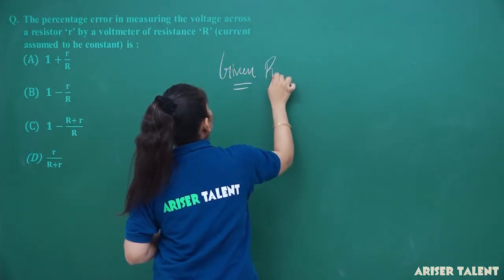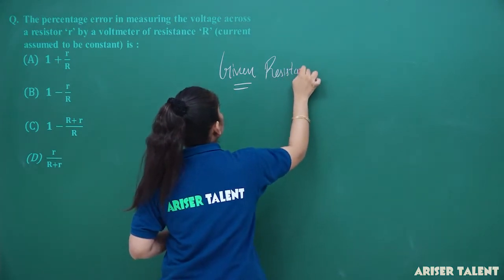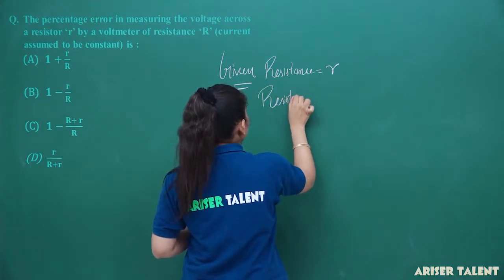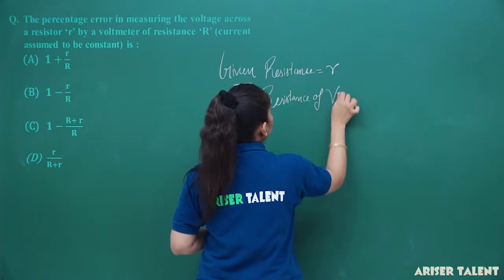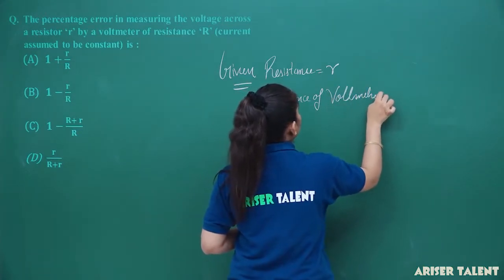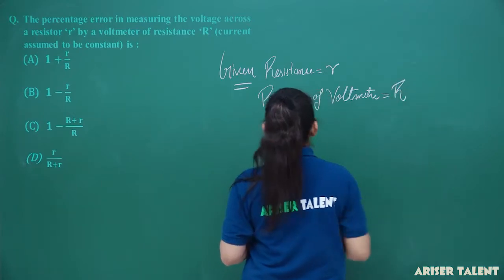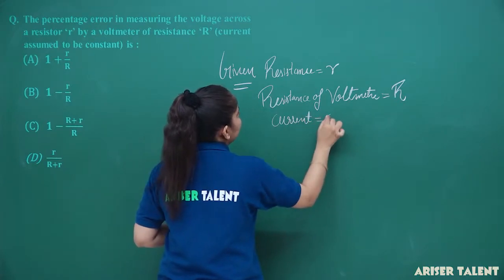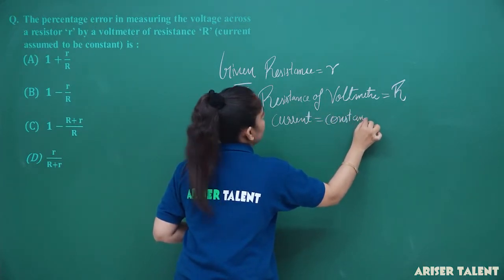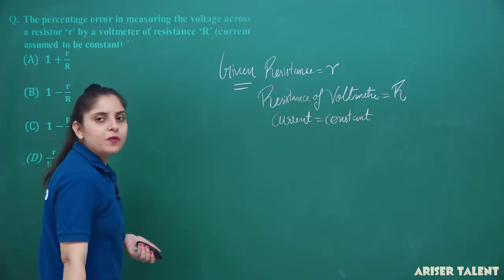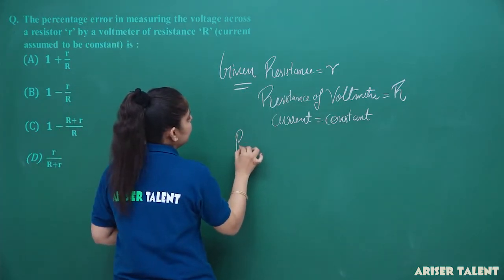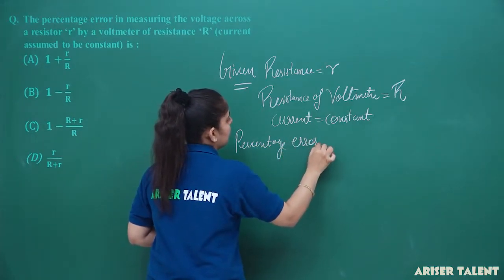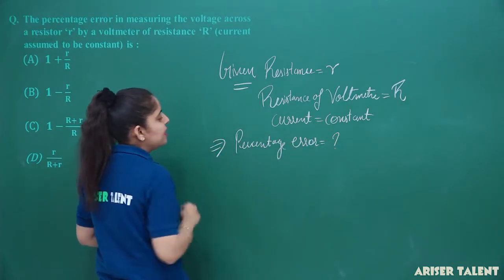The given conditions are, you have a resistance small r, resistance of voltmeter is capital R, current is constant, and what you have to find out? You have to find out the percentage error.